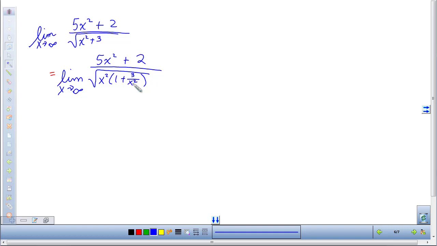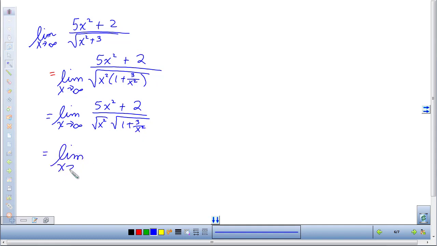And because I can distribute a radical over a product, this is the limit as x approaches infinity of 5x squared plus 2 over the square root of x squared, times the square root of 1 plus 3 over x squared. Of course we know the square root of x squared is just x.